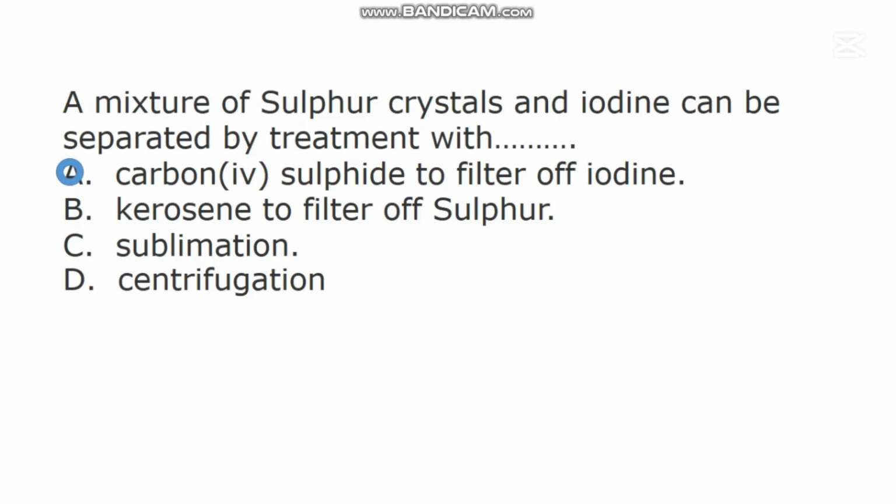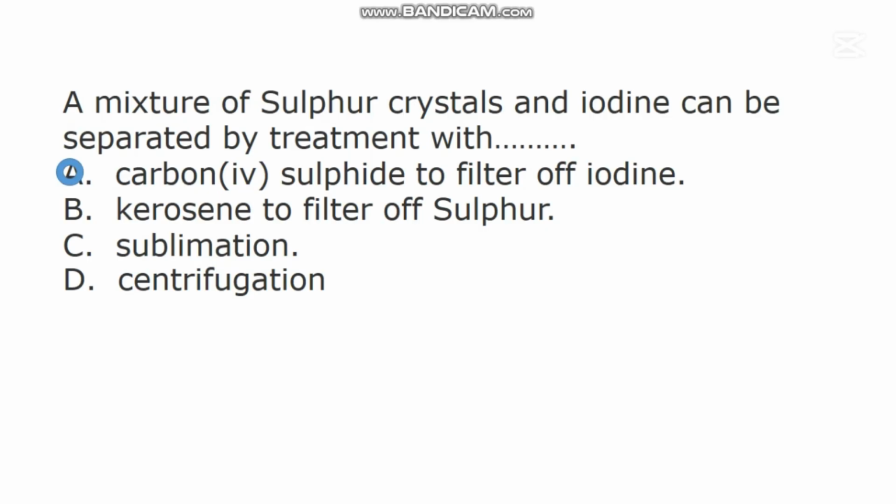Studies have shown that a mixture of sulfur crystals and iodine can be separated by treatment with carbon 4 sulfide to filter off iodine, because these sulfur crystals can dissolve in carbon 4 sulfide.